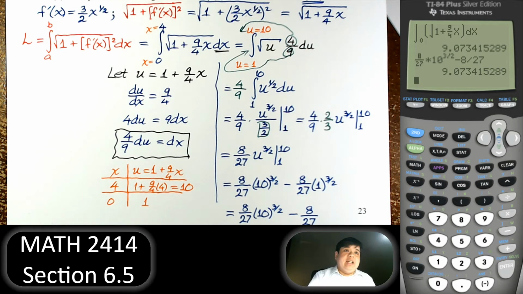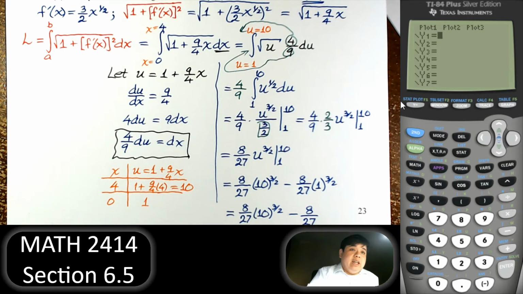Alright, now, even better. Just want to show you that the calculator can even do calculus approximately. So if we enter the function x to the 3/2, right? Now, we enter the formula exactly as we see it. Here we have the square root of 1 plus. We haven't taken the derivative, but if we want to, we can find the derivative like this.